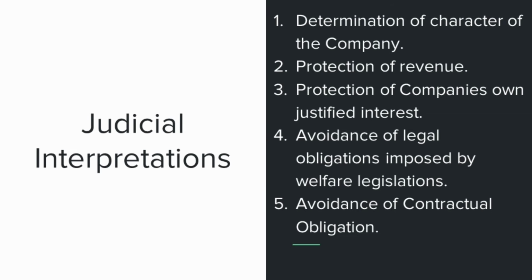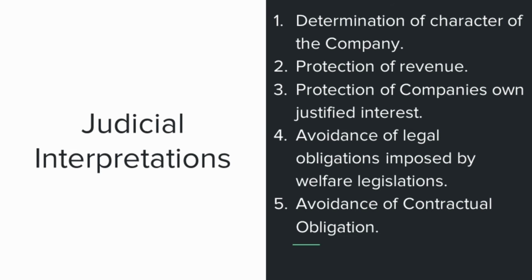The avoidance of welfare legislation is as common as avoidance of taxation. Now, a company was earning some handsome profits. Once a company has more profits, its liability to pay bonus is also high.